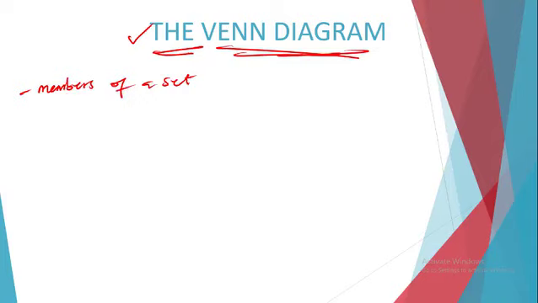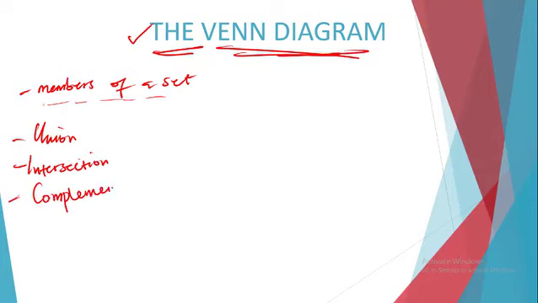This Venn diagram can be used in solving problems like union of sets, intersection of sets. It can also be used in solving the complement of a set. Okay, and the things I want you to understand in this Venn diagram.